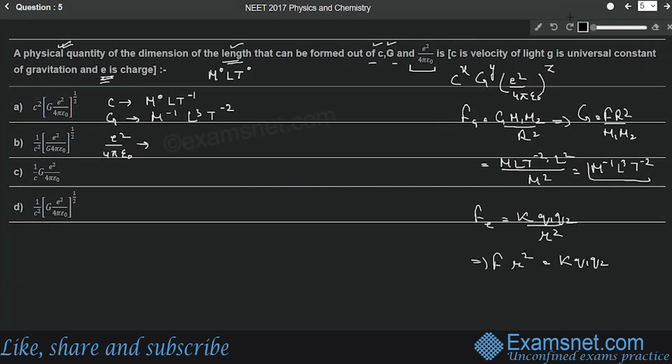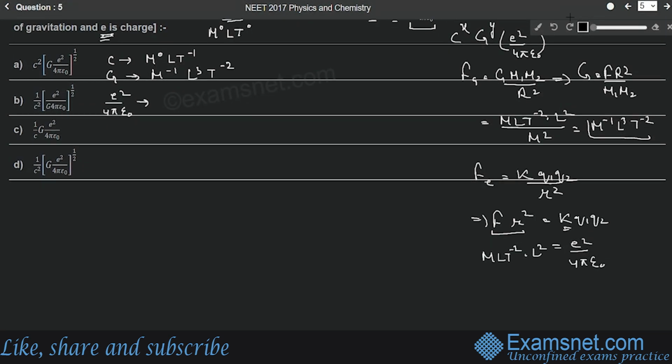So in place of Q we can write E. Okay, and k is equal to 1 by 4 pi epsilon naught, so it can be written as e square upon 4 pi epsilon naught. Okay, that will have the dimension same as the dimension of f into r square. So f is equal to m l t minus 2 and r square is l2. Okay, so the dimension of e square upon 4 pi epsilon naught will be what? M l3 t minus 2. Okay, so let's write it down here, m l3 t minus 2.